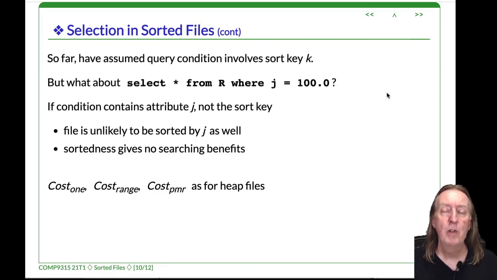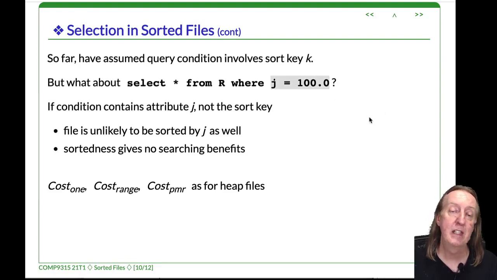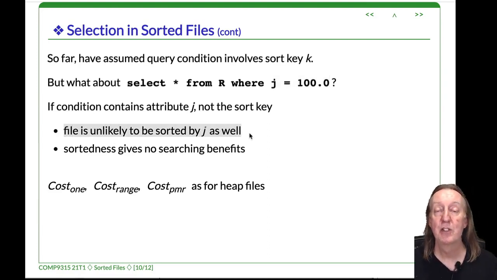All right, so all of our where clause conditions so far assume that the query was based on the sort key. What happens if we ask a query that doesn't involve the sort key? So there's no mention of K here. I guess it's remotely possible that the file is sorted by J as well as K, but it's extremely unlikely that we'd be sorted on both of them.